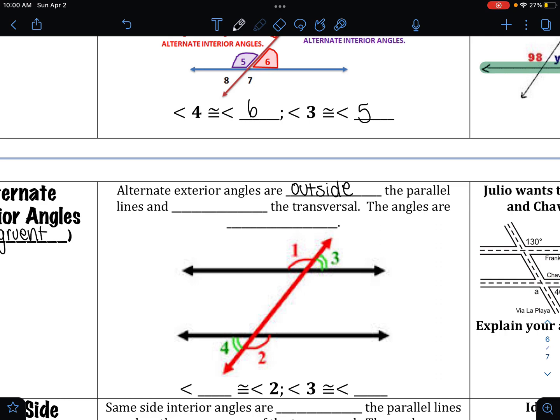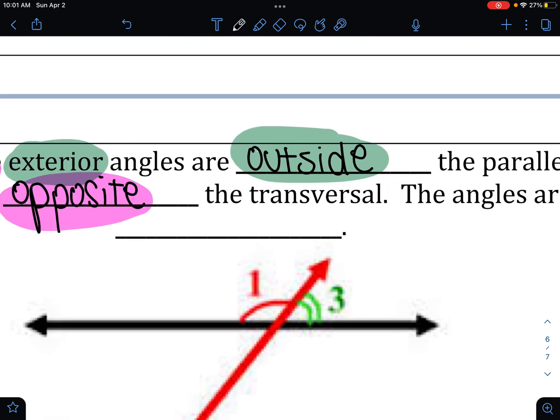You might notice that outside, exterior, they are going to match the parallel lines, and opposite the transversal, opposite, alternate. Those angles, again, are going to be congruent.